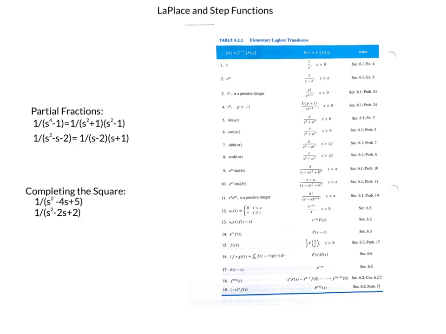If you have 1 as the numerator, then you don't have to do anything; you just factor and separate out the two fractions. But if you have something on top, you'll have to use partial fractions to decompose it into a over s minus 2 plus b over s plus 1.